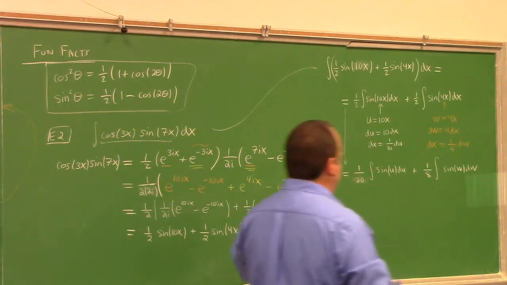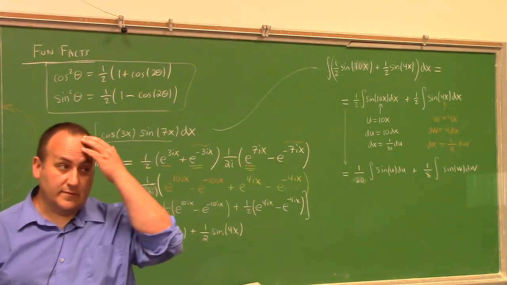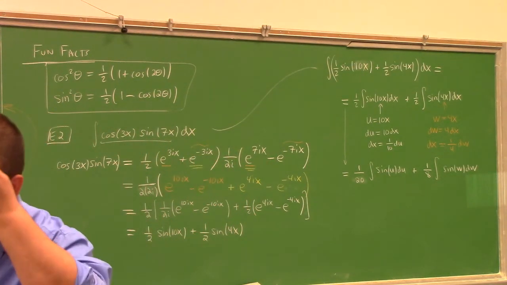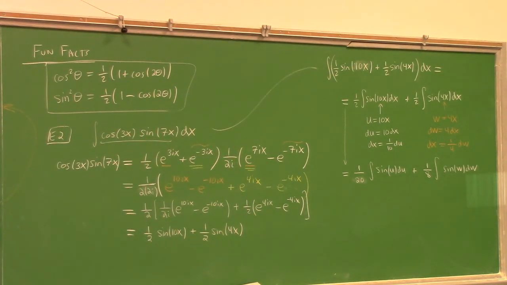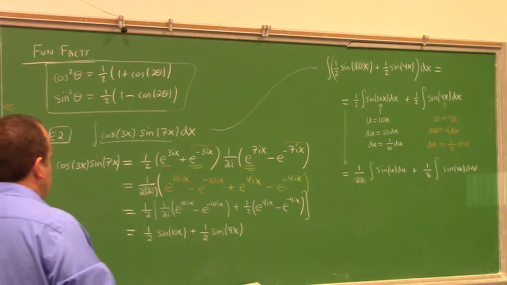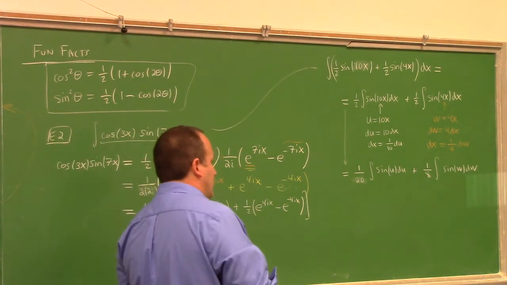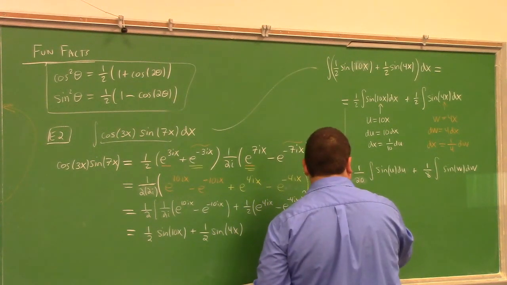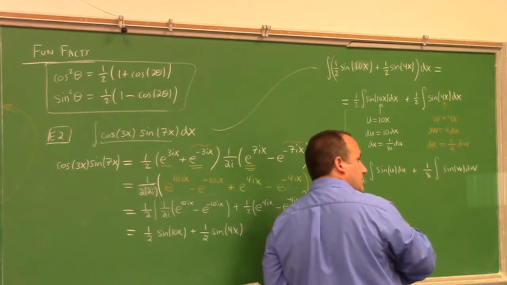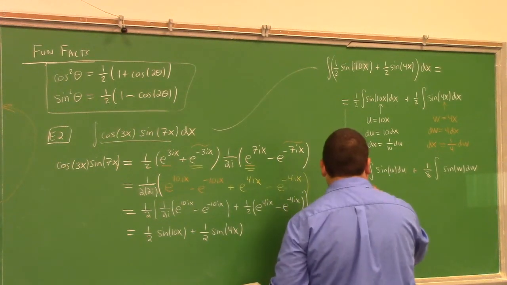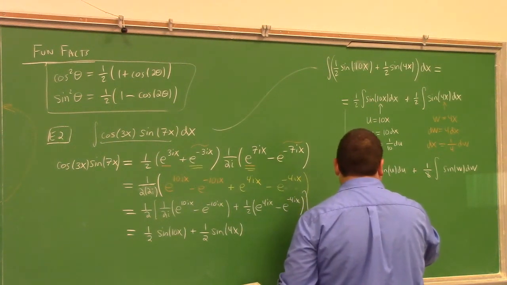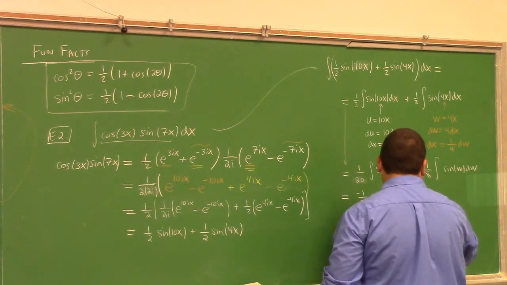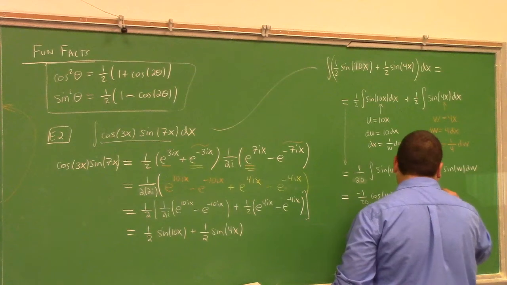I've just factored out the 10th and the 4th that come from changing the dx to du or the dx to dw respectively. So what's the integral of sine? Minus cosine, but yes, minus 1/20th cosine of u minus 1/8 cosine of w plus a constant.